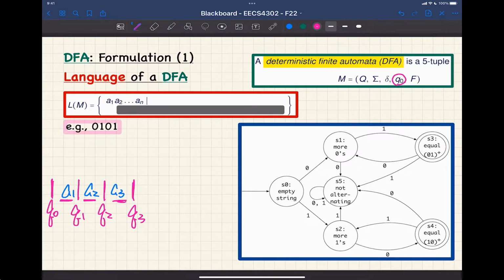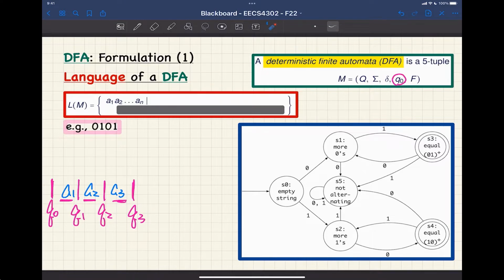Something like this. The transition function over here should be that if you go from Q0 and take A1, it should return Q1. If you go from Q1 and take A2, it will give you Q2. If you are in Q2, you take A3, it's going to give you Q3. That's what we want to formulate over here. But how do we do that?